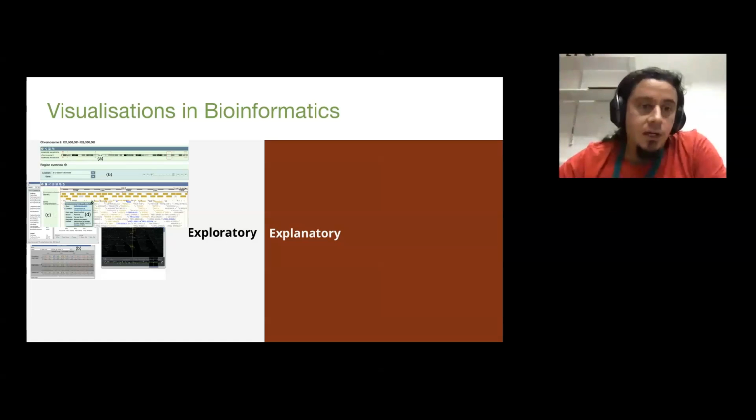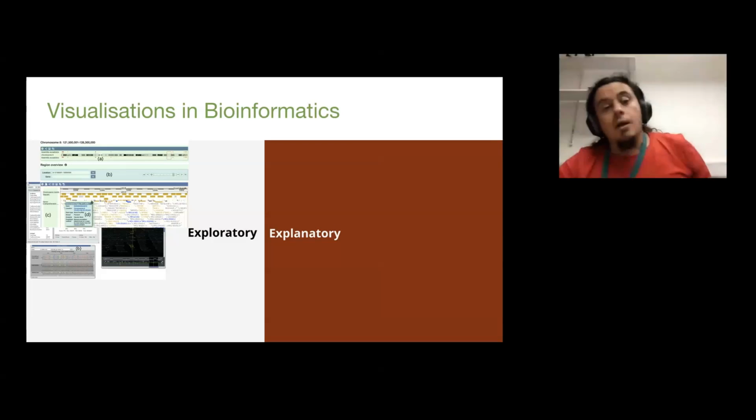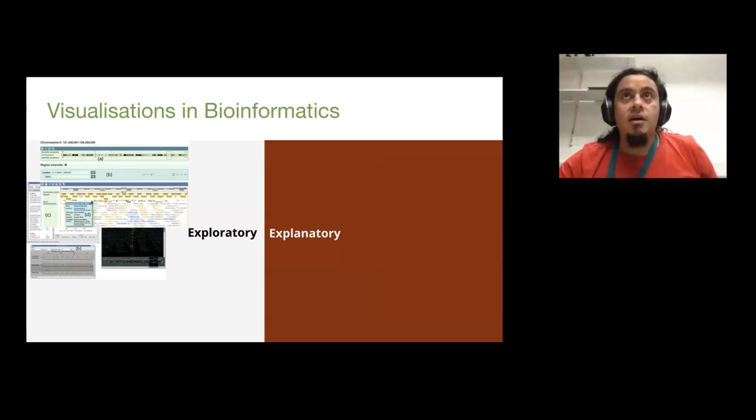Once we have that, we have other tools such as Ensembl, where you could now not only have that data, but see it at a higher level, meaning now it's not just the reads.